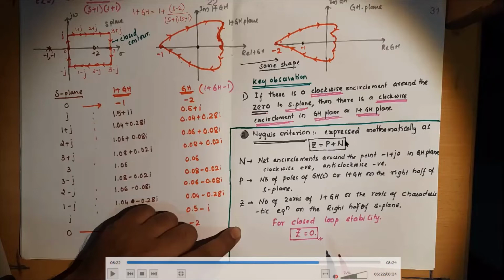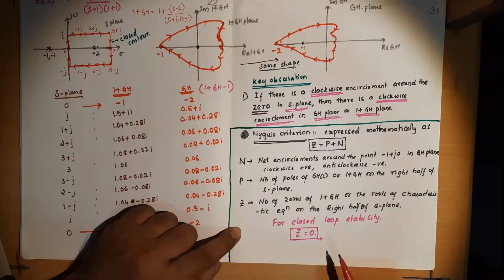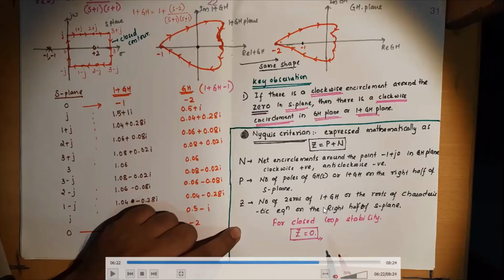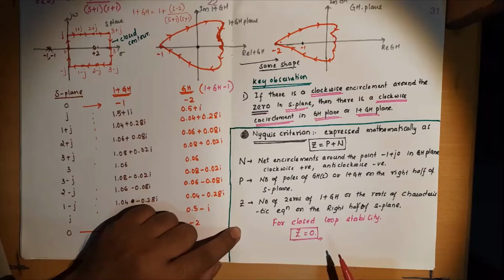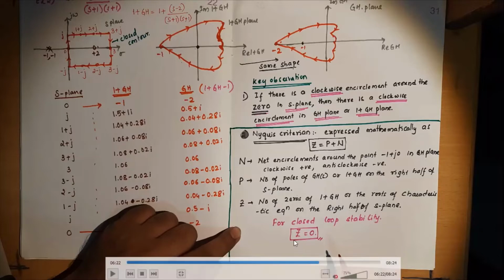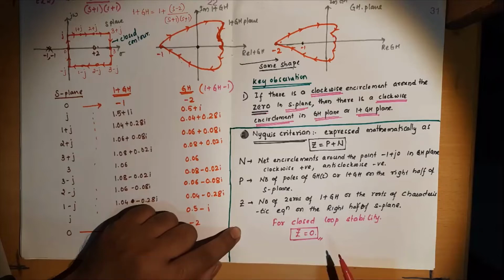And you check the number of encirclements on the GH plane. When you calculate Z, it will give you the number of roots of the characteristic equation of the closed loop system on the right half. So if there isn't any right half pole for a closed loop system, you will obviously end up with Z equal to 0. Therefore, the system will remain stable.